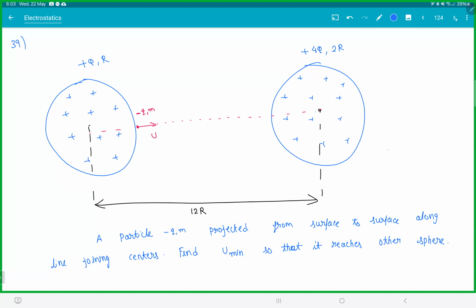How do we do this? But it's hollow, right? It won't make a difference. It is going surface to surface, na. Achha, right. So hollow or solid will be the same.